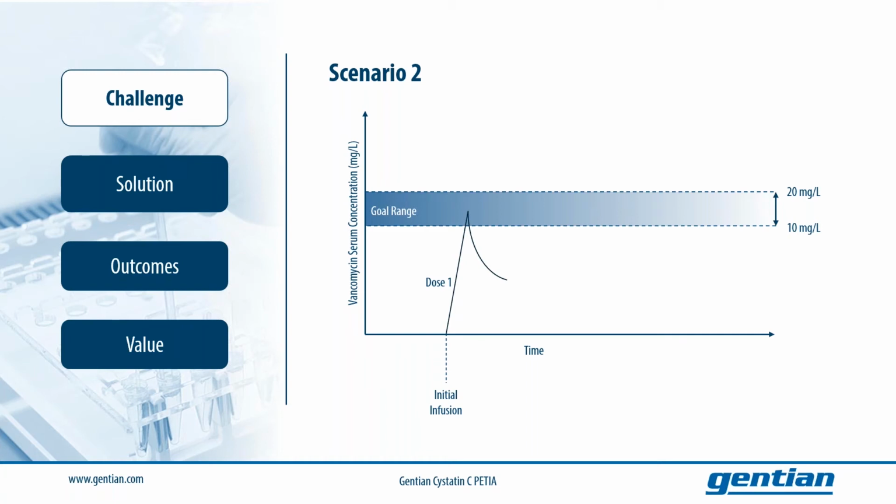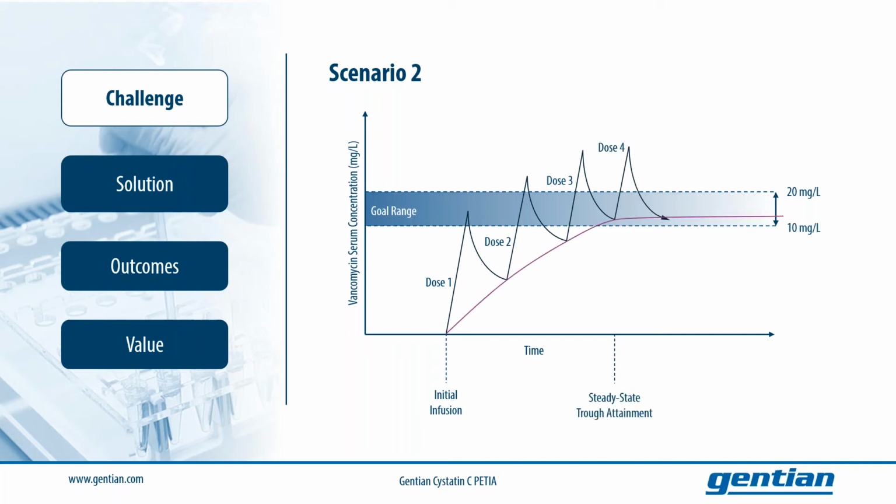Once the concentration falls to the initial trough level, the patient is then given a maintenance dose that's calculated according to the rate at which the drug is cleared, which in this case depends on the patient's kidney function. Depending on the condition being treated, additional maintenance doses of vancomycin will be administered following the same process for as long as it is necessary.